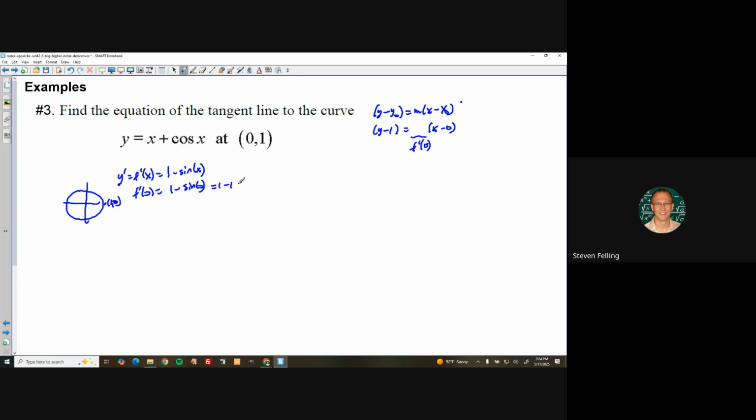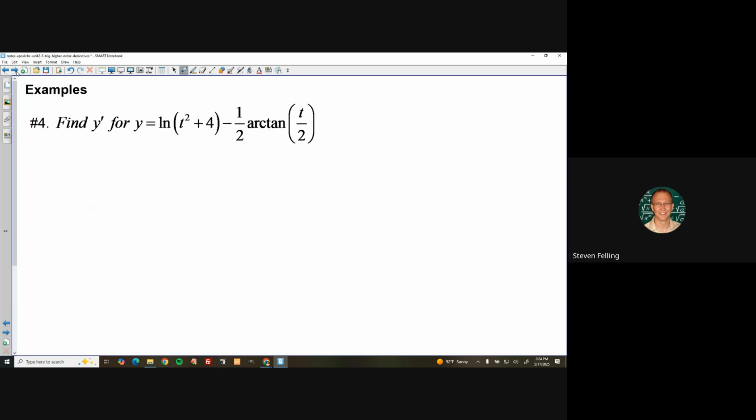That is 1 minus 0 or 1. And that means this is the slope. We're going to plug a 1 in for that slope. So you just leave it in point slope form whenever you're asked to find a tangent line. Okay, and you can always pause any of these, like pause this and give this a try.